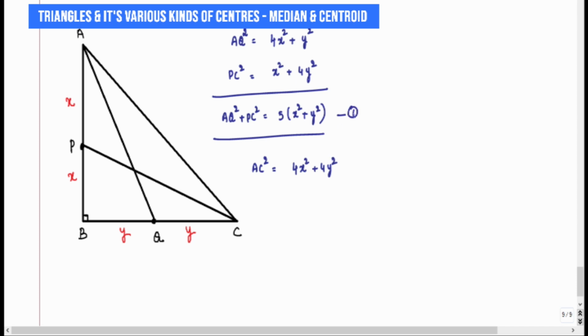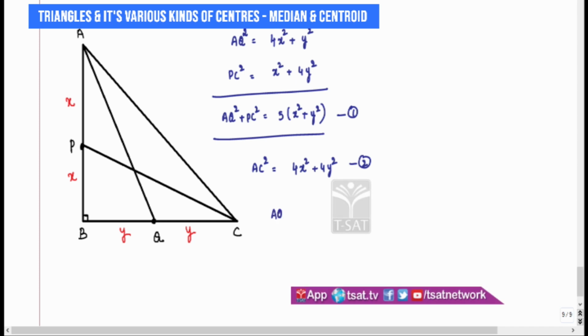Consider equation number 1 and equation number 2. If you divide both by 2, AQ square plus CP square is equal to 5 by 4 times AC square. So in a right angle triangle, median 1 square plus median 2 square is equal to 5 by 4th of the hypotenuse square.